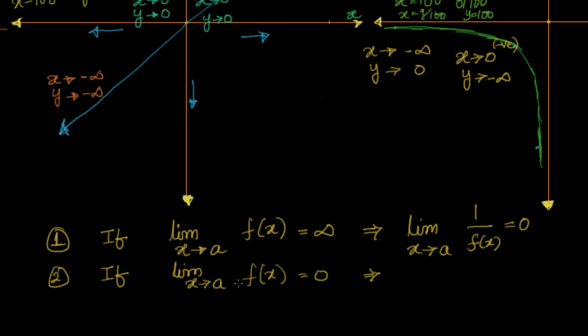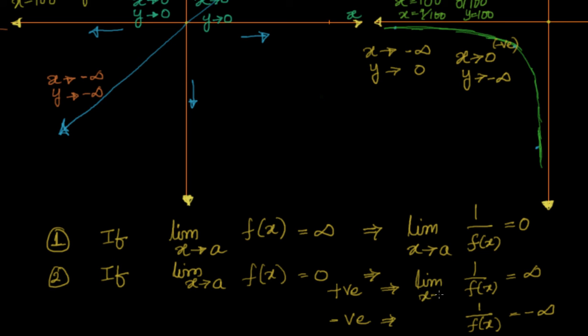If limit x tends to a, f of x is equal to 0 and you are in the positive or negative deleted neighborhood, you have to look into it. If you are in positive, then 1 by f of x will be equal to positive infinity. If you are in negative, 1 by f of x will be equal to negative infinity.